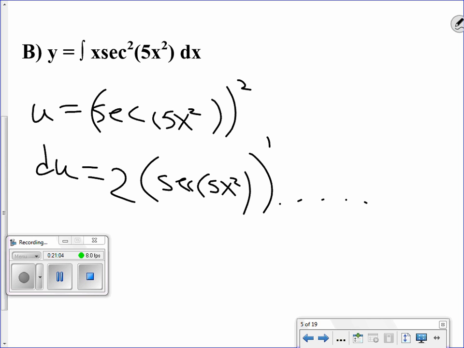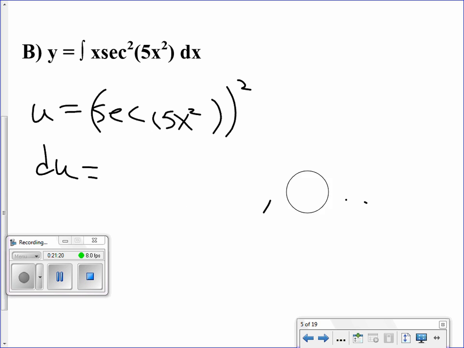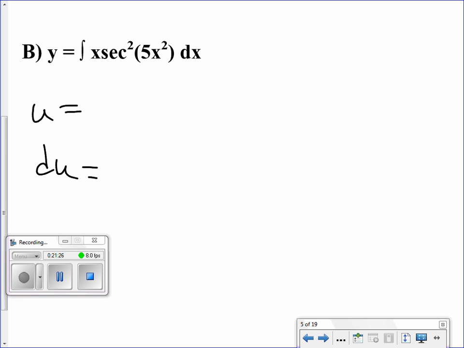And the only thing I can put in there would be a number. So this was not a good choice for u because we don't have all those other factors of du. It's too much. Okay, so what's our next choice for u?